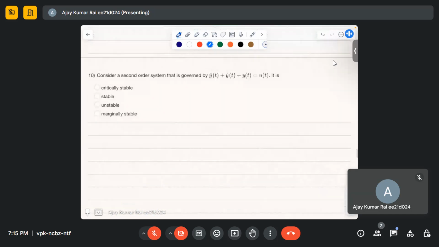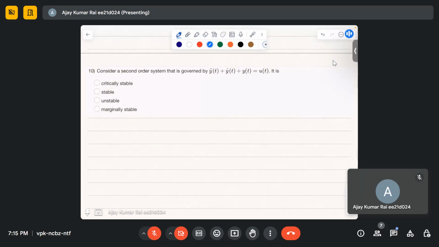So let's go into question 10. Consider a second order system that is governed by the equation. Again, you have to find out whether the system is stable, unstable, critically stable, or marginally stable. Okay, let me write the equation.